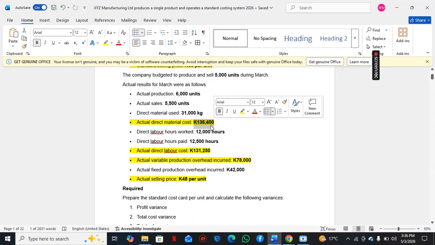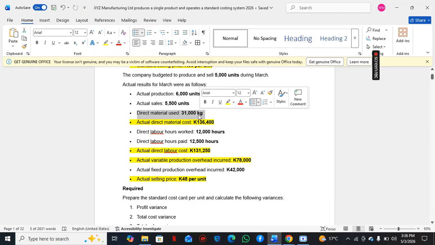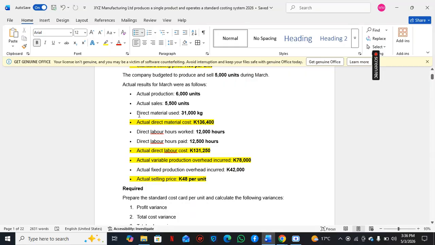The direct material we used was 31,000 kg, and we paid 136,400. So you want to find out how much you paid per kg.